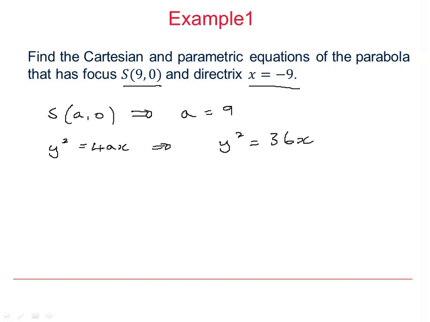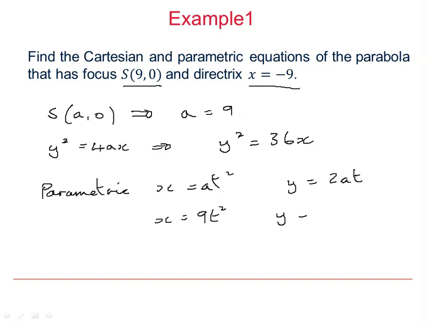The parametric equations are given by x is equal to at squared, y is equal to 2at. So therefore we have x is equal to 9t squared and y is equal to 18t.